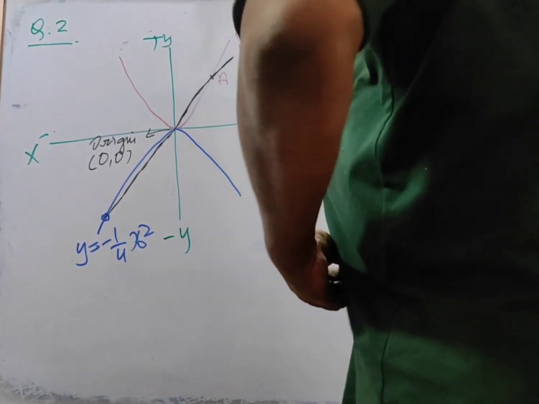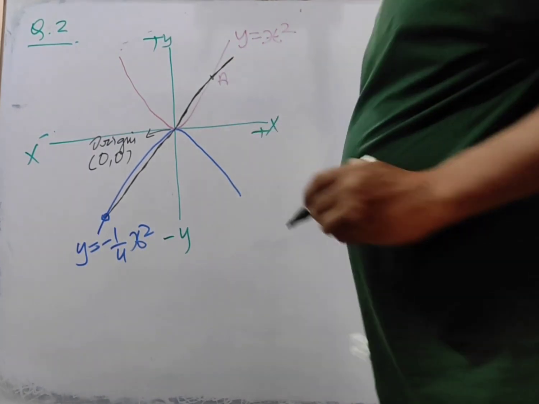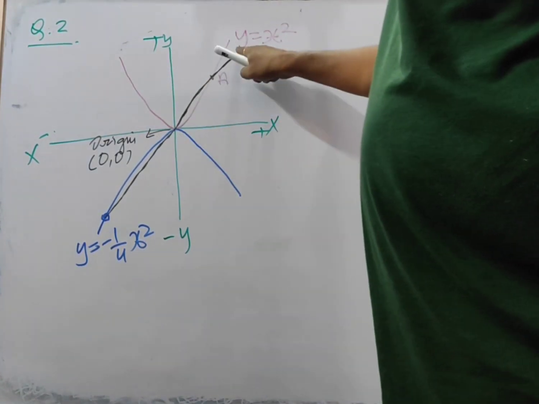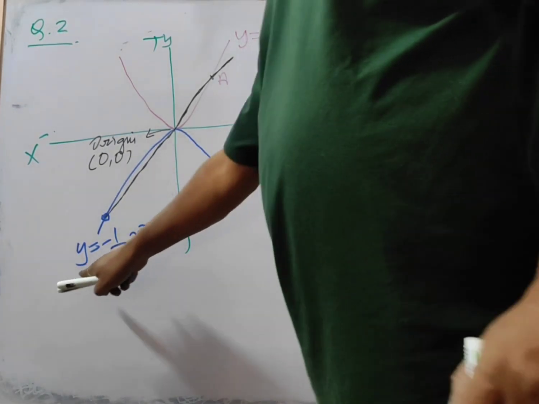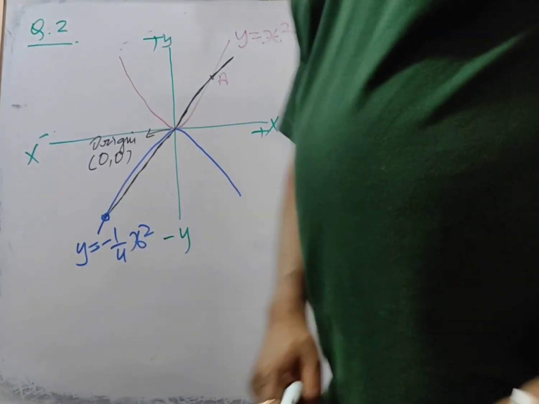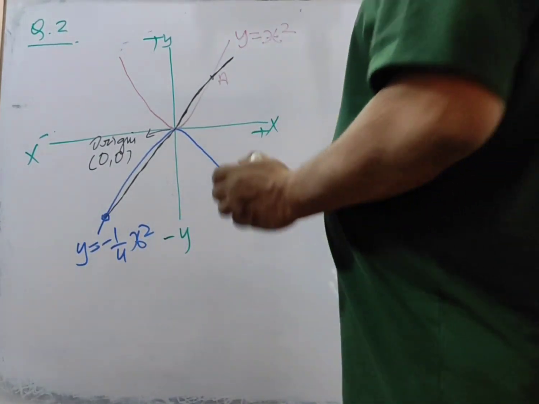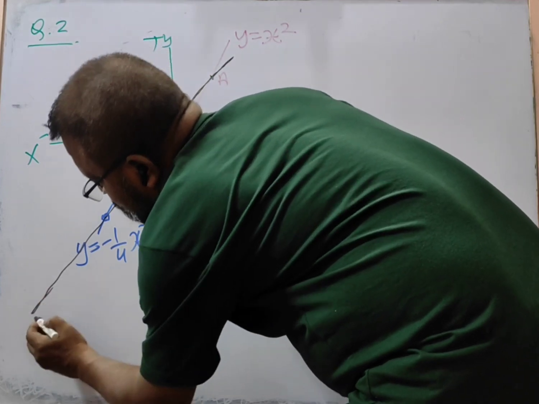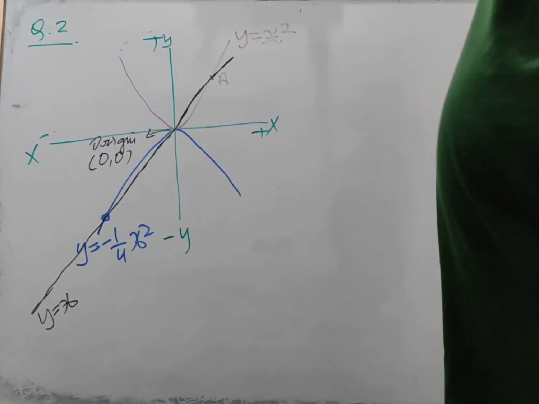This parabola's equation is y is equal to x square, and this parabola's equation is y is equal to minus 1 upon 4 x square, and this is the line segment AB, right? And its equation is y is equal to x, right?